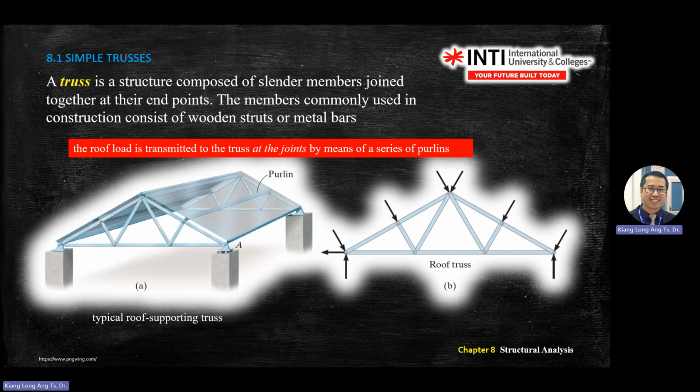You need to use all the force equals 0, all the moment equals 0, then you use method of joints to decide whether the member is in tension or in compression. This is the objective of today.